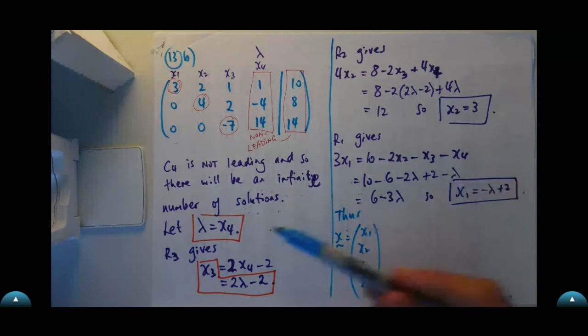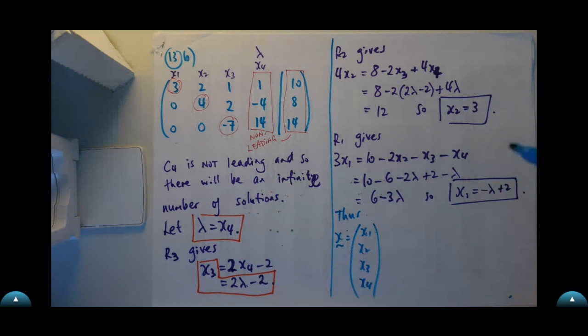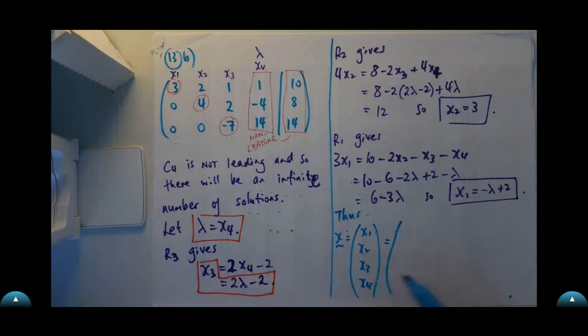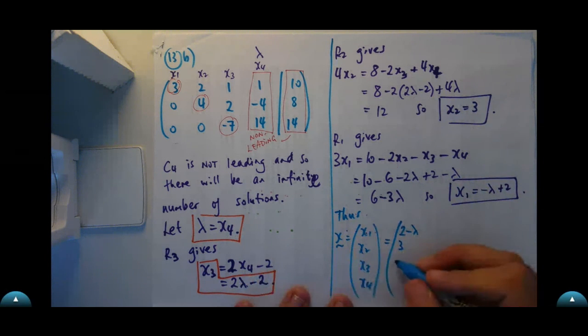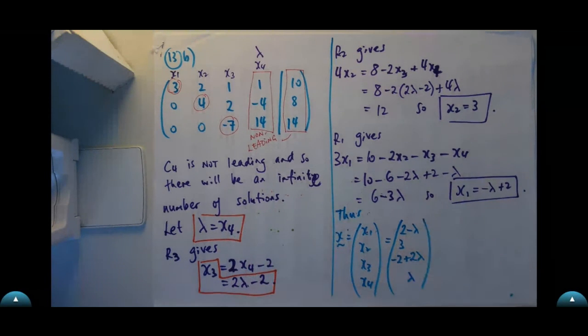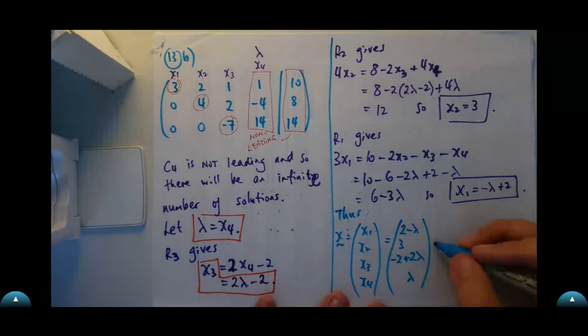So this is obviously going to be a line because we've got one parameter, lambda. It's going to be something like this. So x1 is that, x2 is that, just 3, x3 is that, and x4 is that. So I'm going to break that up into the constants and the lambdas.